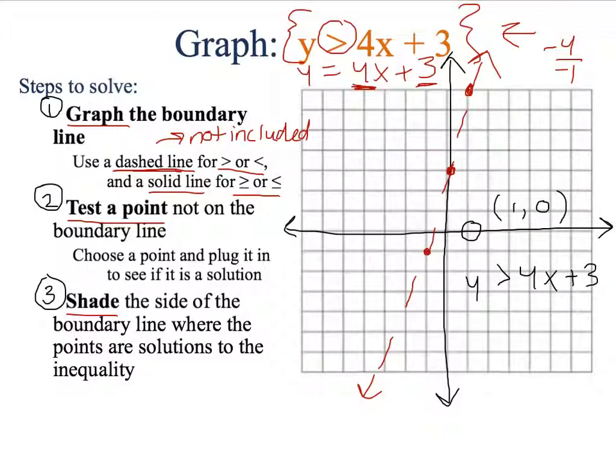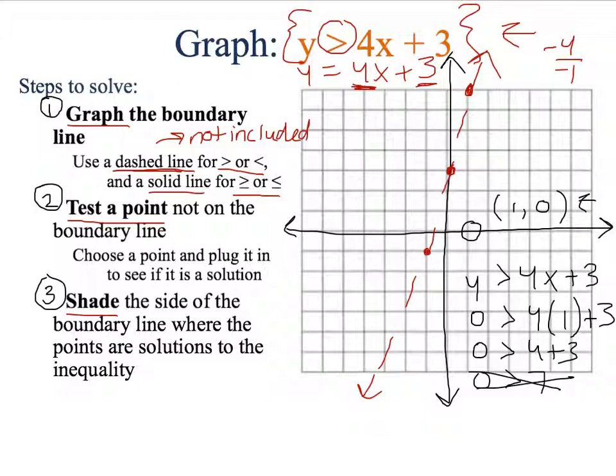Now I'm going to substitute our point (1, 0) into that inequality. So our y value is 0 is greater than 4 times 1 plus 3. So we're saying 0 is greater than 4 plus 3. 0, is it greater than 7? No, it is not. 0 is less than 7, so this point does not work, and we know that we don't want to shade that side.